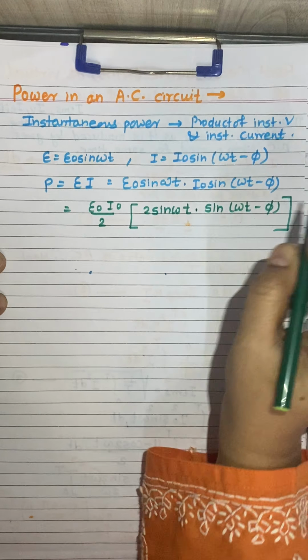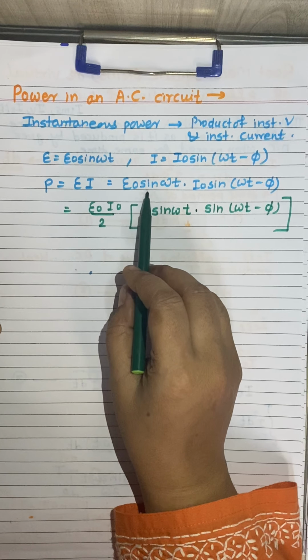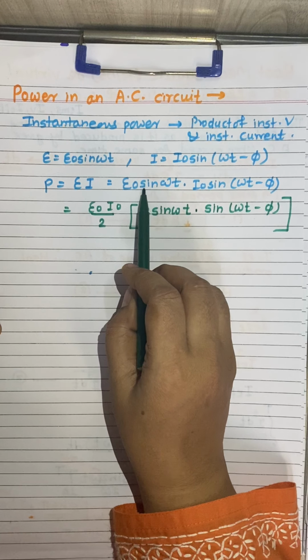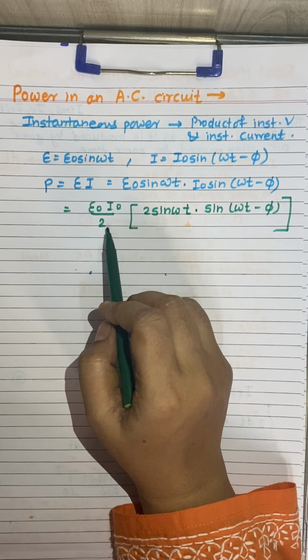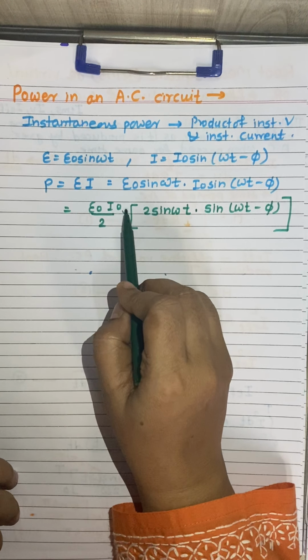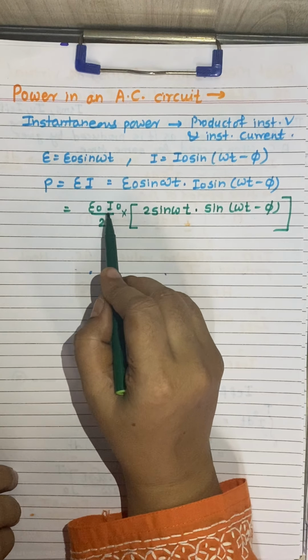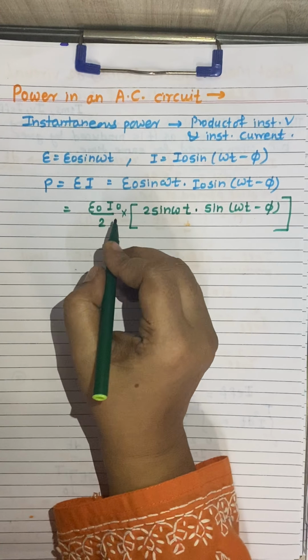What have we done here? I have taken E naught I naught by 2 outside, which means I have multiplied the equation by 2 and divided it by 2, so that inside the bracket we have 2 sine omega t, and outside the bracket E naught I naught by 2. Later on you will come to know why we have done this, because we have trigonometric functions here.